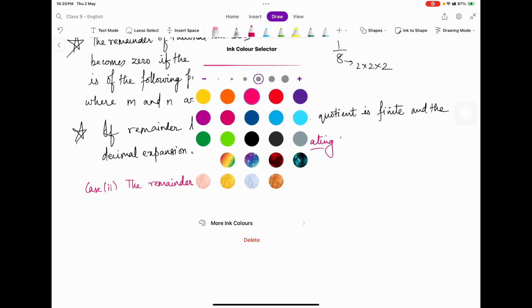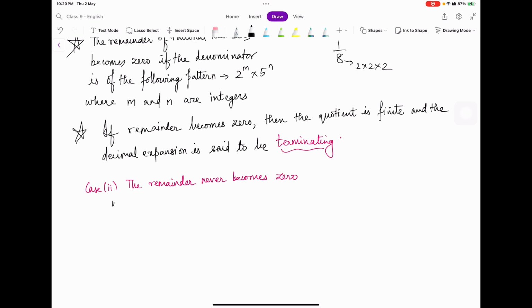Okay, if the remainder never becomes 0, in this case what do we say?